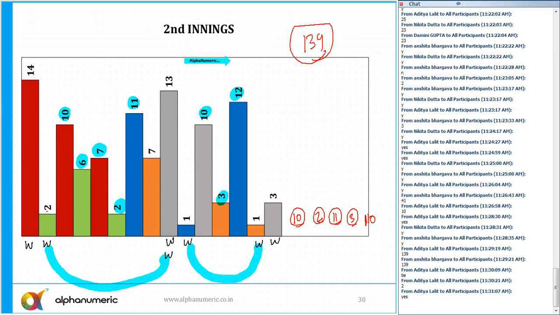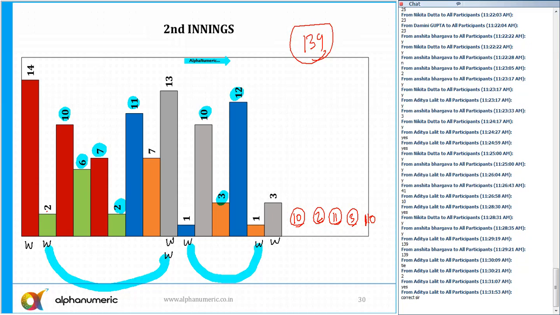Or we have not done that. That is 6, 10, and 14. Median value is 10. That is right. Then 2, 6, 2. The median will be 2 only. That is also correct. Then 11, 1, and 12. The median value is definitely 11. 1, 11, and 12. Then 13, 10, and 3.